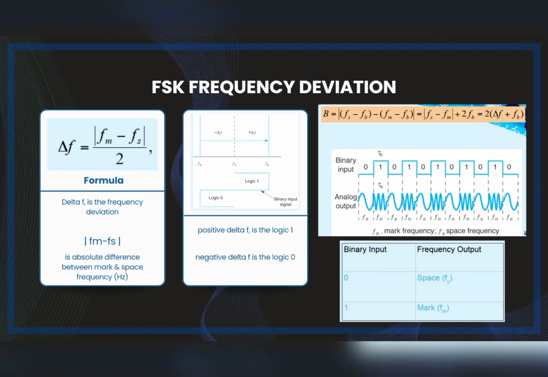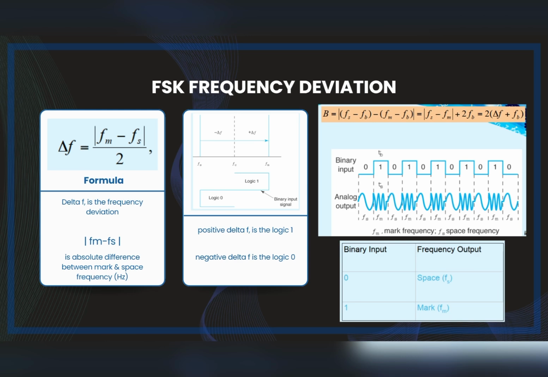Next slide. This is the frequency deviation. The first image is the formula, which is the modulus of Fm minus Fs, over 2. Fm minus Fs is the difference between the mark and space frequency.